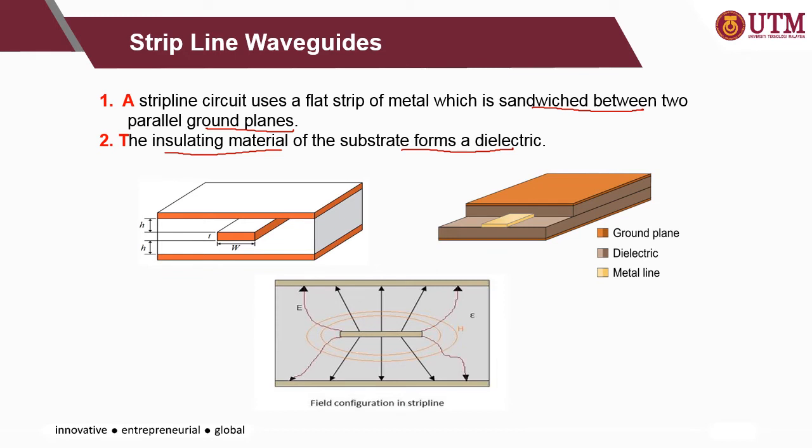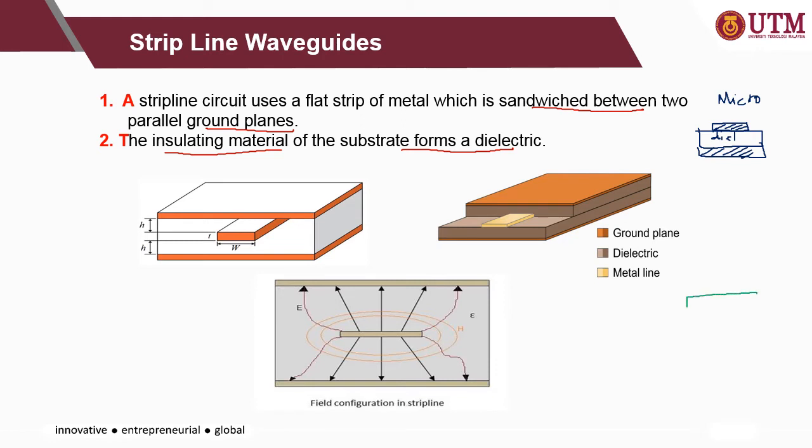If compared to the microstrip line just now, in microstrip line you have the line on top of the dielectric, backed with the ground plane. This is the microstrip. While in strip line, you have the line sandwiched between two dielectric substrates, with a ground plane on top and at the bottom.